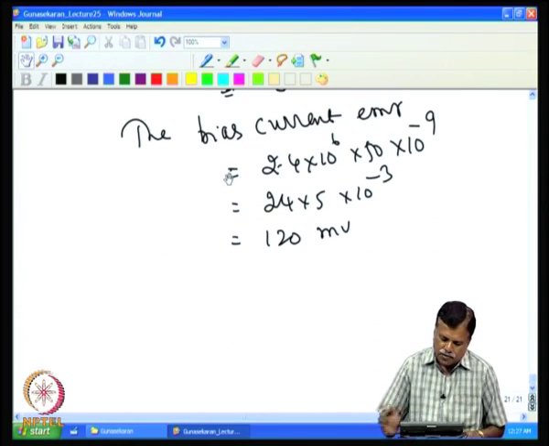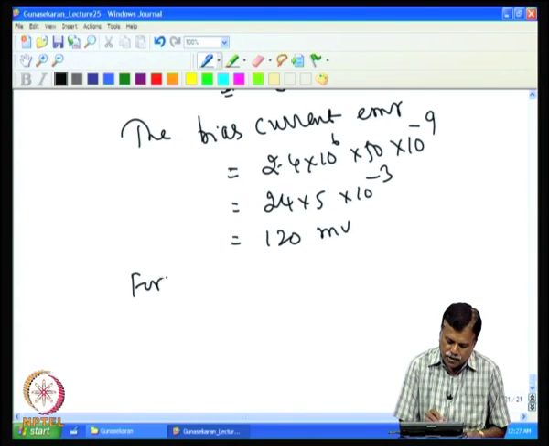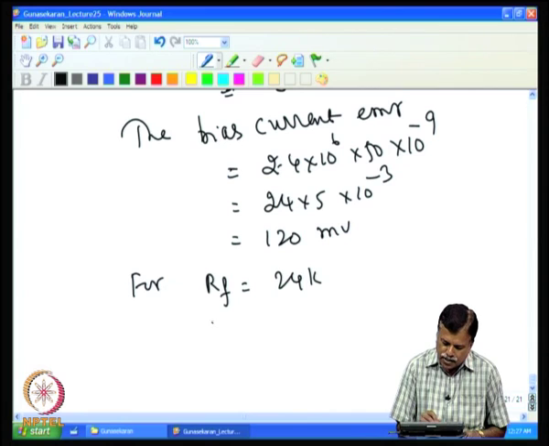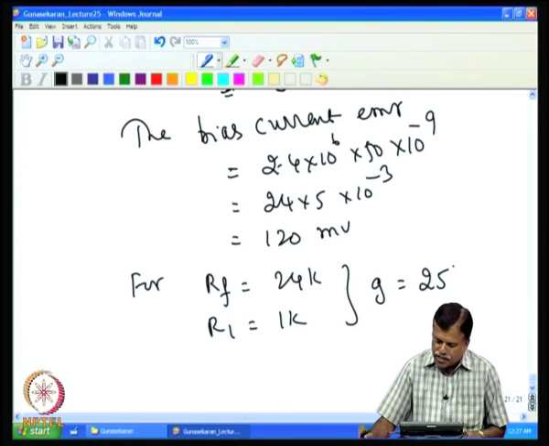Whereas if I use a very low resistance, for example RF equal to 24 k and R1 equal to 1 k, the gain comes to 25, the same gain of 25.